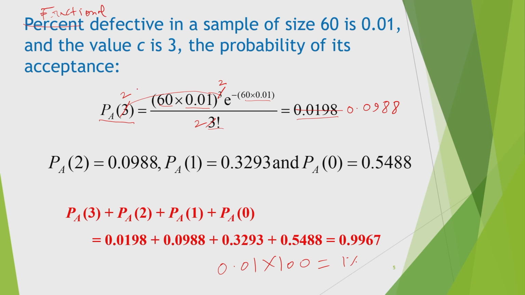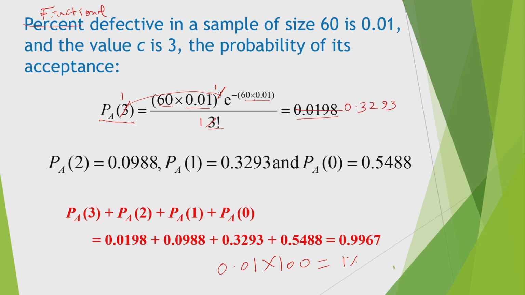So we just have to say that here, instead of 2, we will put 1 in the formula: 1 here, 1 here, power 1, and this is factorial 1. If you calculate, you will get 0.3293.